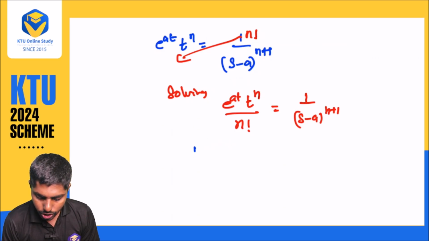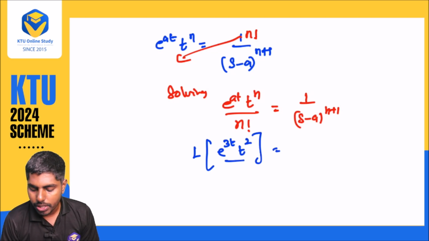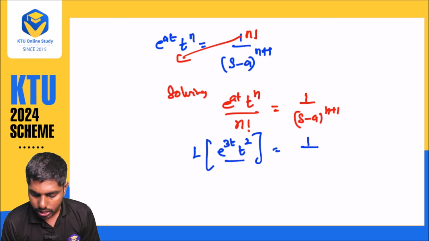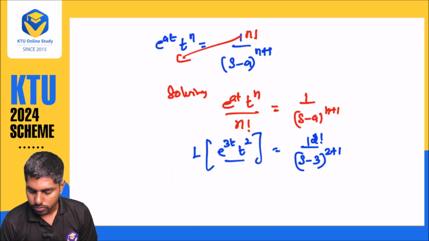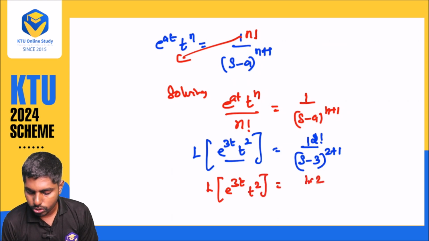For example, we know the Laplace of e to the power 3t t to the power 2. What will the answer be? It will be 2 factorial divided by (x minus 3) to the power 2 plus 1, that is 1 into 2 divided by (x minus 3) the whole cube.